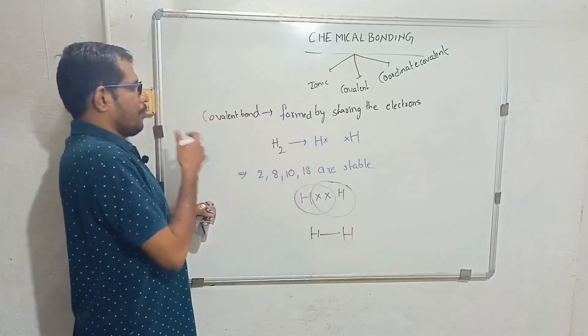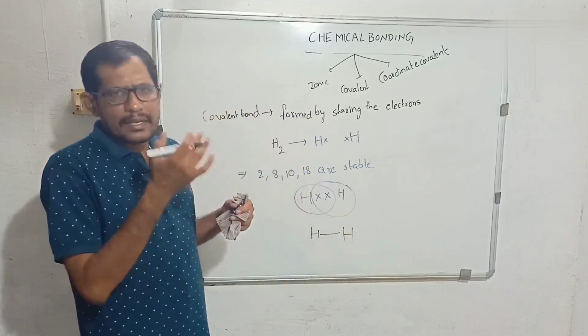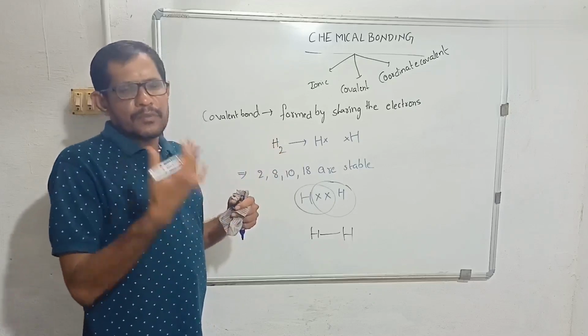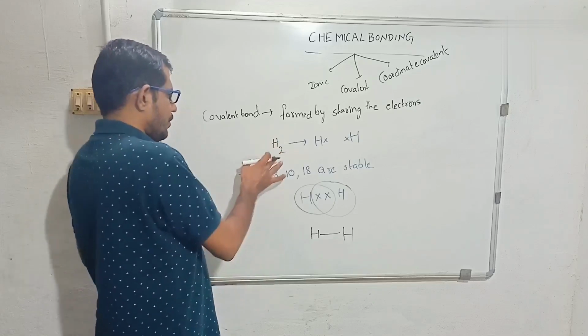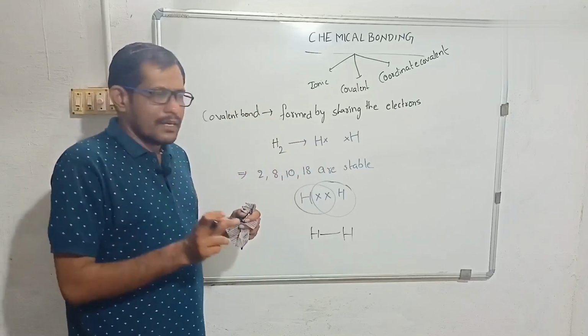I repeat. Atoms, by losing, gaining or sharing electrons, always try to become stable. Hydrogen atomic number is 1, so it has 1 electron.